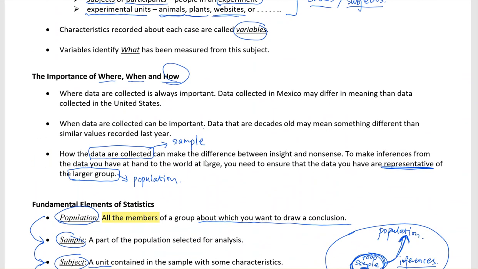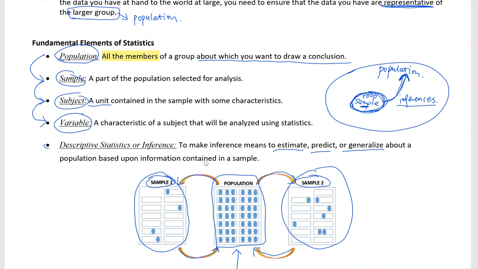In the end, we talked about the five fundamental elements of statistics, right? So we want to know about the population, so we collect the sample from the population, and then the units from the sample are called subjects, and then each characteristic of a subject is called the variable, right?